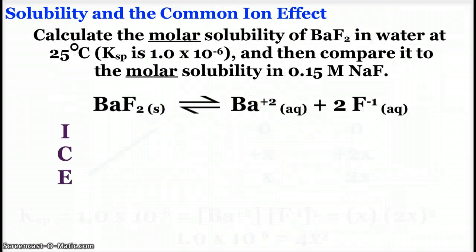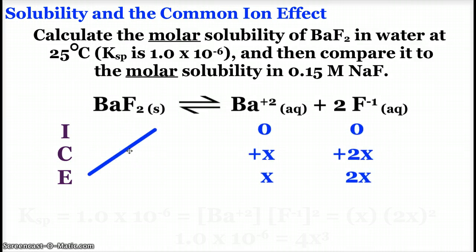So the last thing here is we want to calculate the molar solubility of barium fluoride in water at our magic 25, then compare that to the molar solubility if it was put into 0.15 molar sodium fluoride. So first, the molar solubility of barium fluoride, my ICE table.